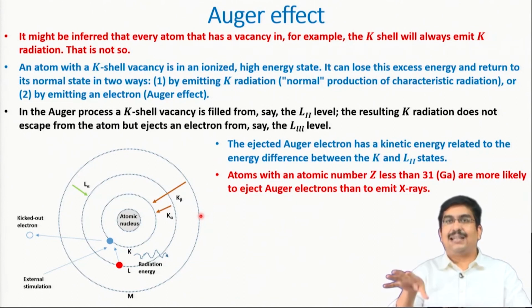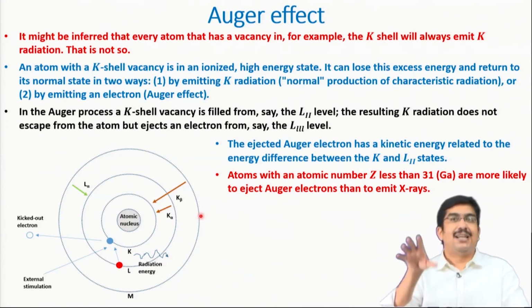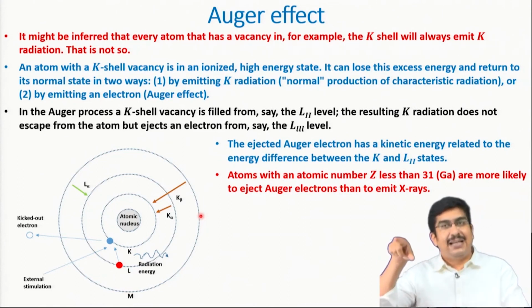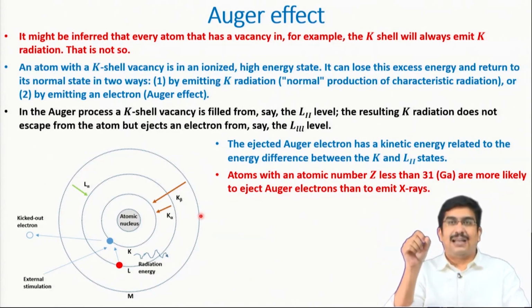So instead of K fluorescent radiation coming out of the atom, if it has sufficient energy it can knock out another electron in the same process, and that electron will be known as the Auger electron.